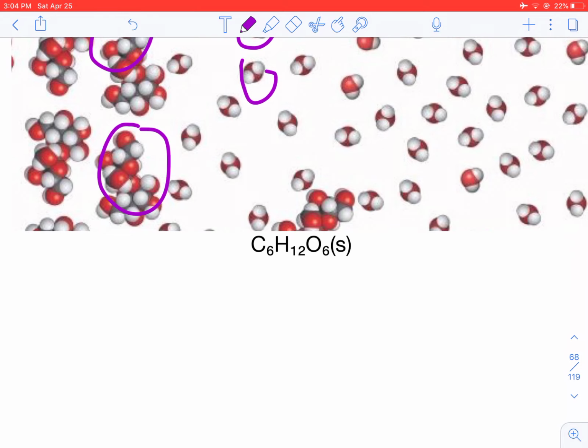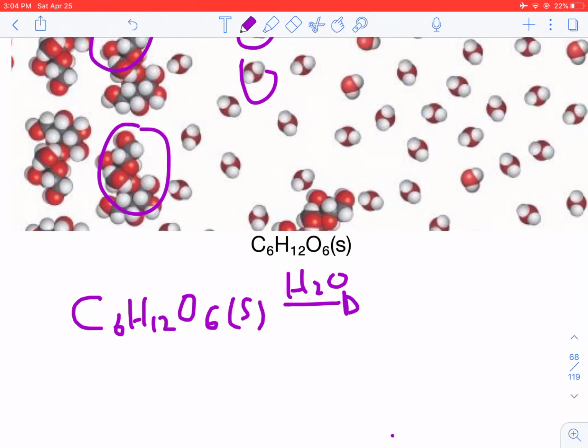If we have to represent this in equation form, I would say C6H12O6, and that's a solid. And with water, all I can say is that I've got C6H12O6, and we say it's aqueous.